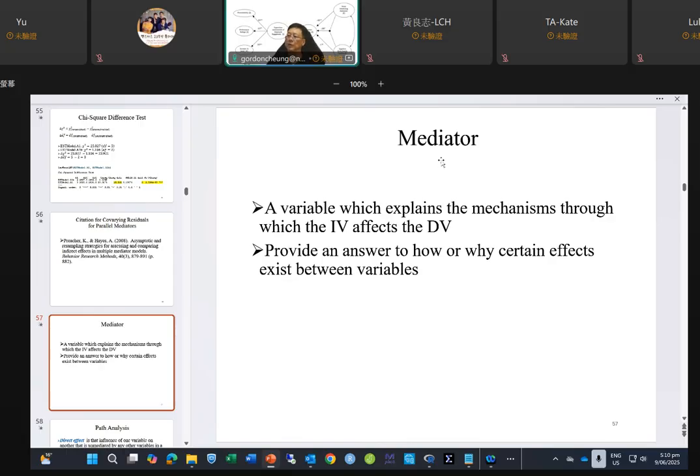So what is a mediator? A mediator is a variable which explains the mechanisms through which the IV affects the DV. It is trying to answer the question of how or why certain effects exist. It is trying to explain how or why your independent variable affects your dependent variable.